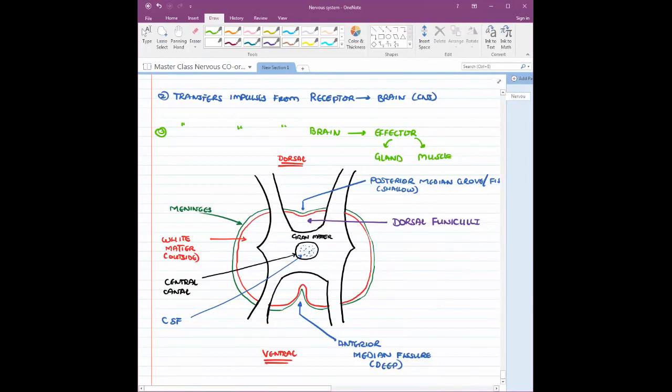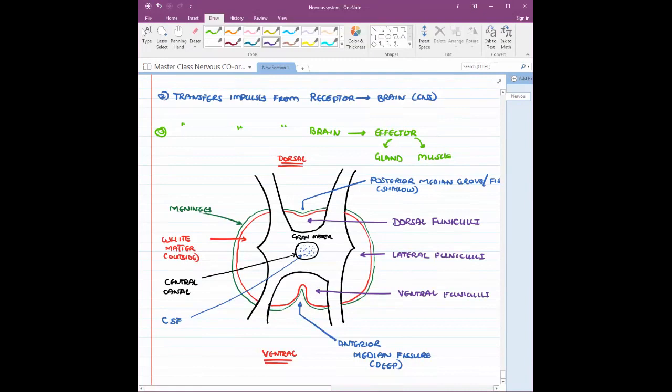Then we have this on the lateral side, so we call this the lateral funiculi. Dorsal funiculi, lateral funiculi. And now guys, this one becomes your ventral funiculi. That's it.